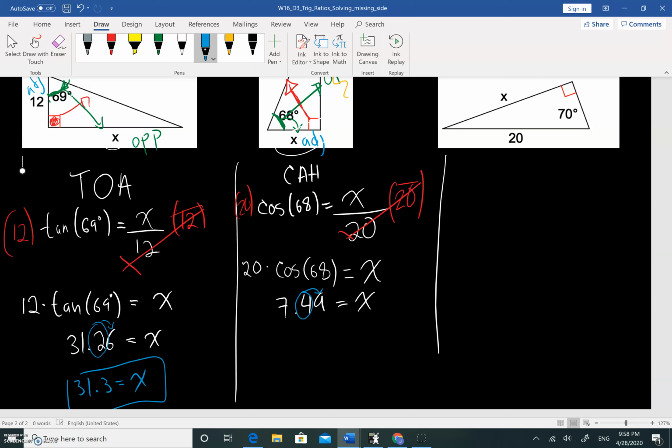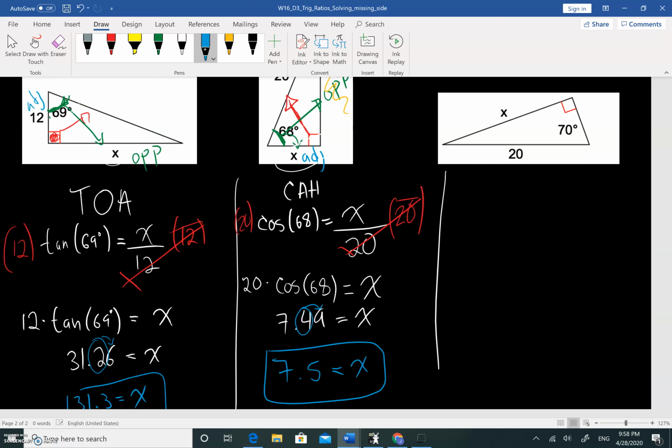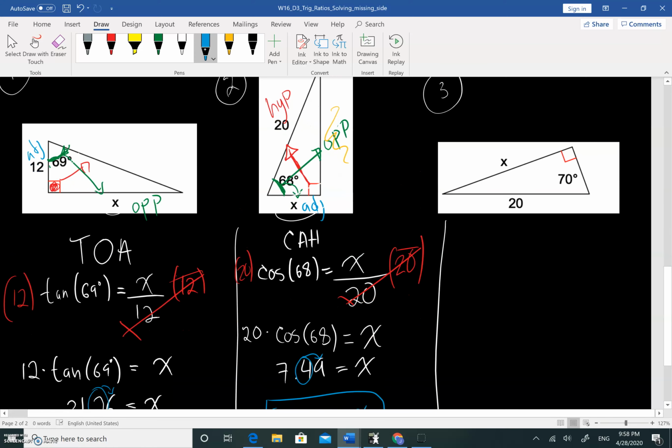So we look at this. The next number is a 9. So is that a 5 or greater? Yes. So that means that the 4 turns into a what? 5, right? So 7.5 is equal to x.